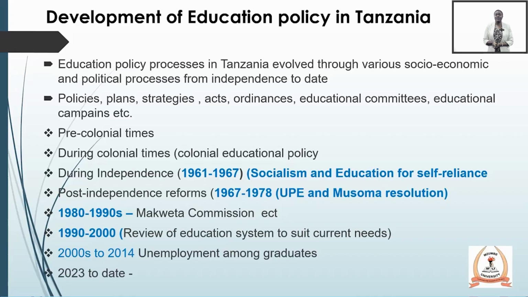And then we had a new policy of 2014, and now we have Vision 2025 that you have witnessed just a few days ago, inaugurated by the President of the United Republic of Tanzania. So this marks the development of education policy processes in Tanzania to date.